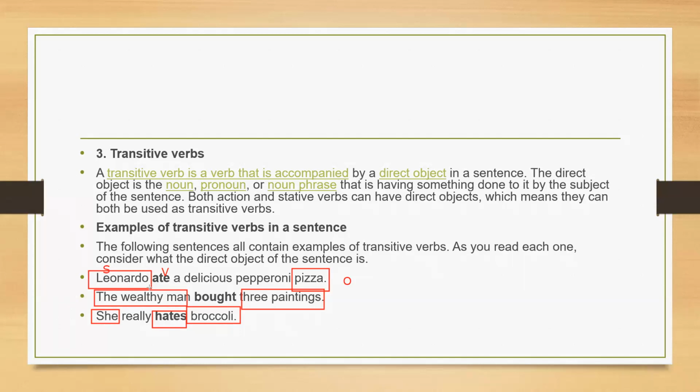Leonardo is the subject, ate is the verb, and pizza is the object. In the second one, the object is 3 paintings, and in the third one, broccoli. So these are transitive verbs. How can you identify transitive verbs? When the verb has an object, that is a transitive verb.